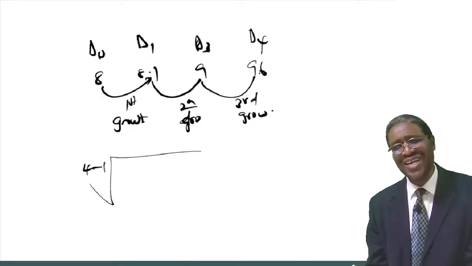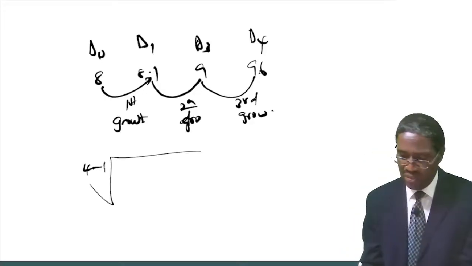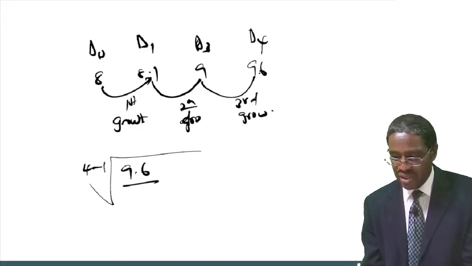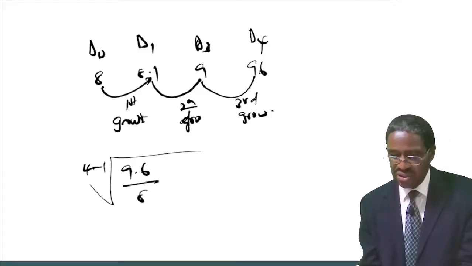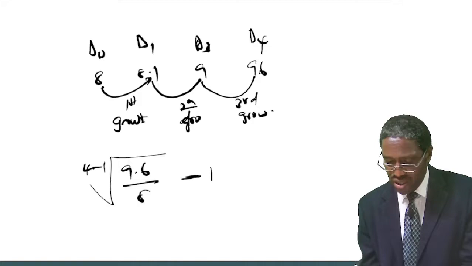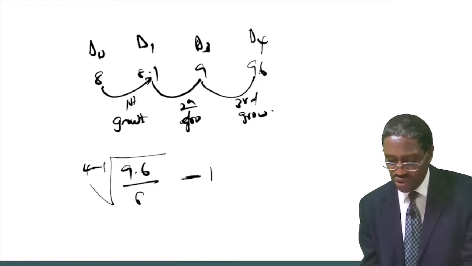Then you take the latest dividend, Dn, which is 9.6, and divide it by the first dividend, which is 8. Then whatever you get, you now subtract 1. That will give you the rate of growth.